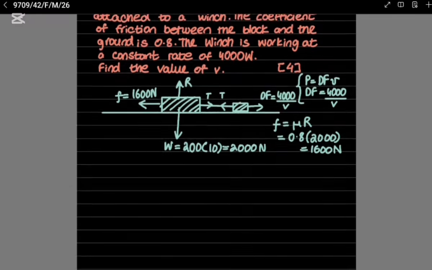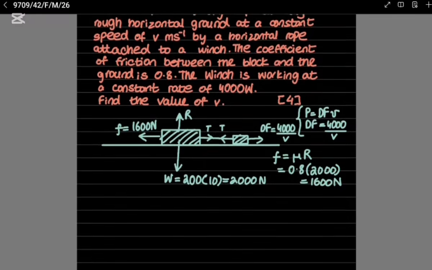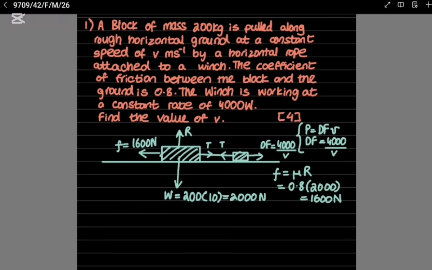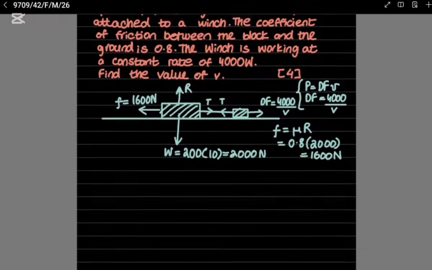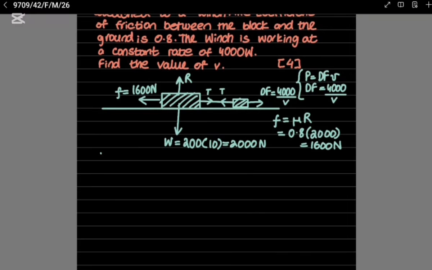Let's keep this aside. Now let's focus again on the point that it travels at a constant speed. What does constant speed mean? Let's understand this.